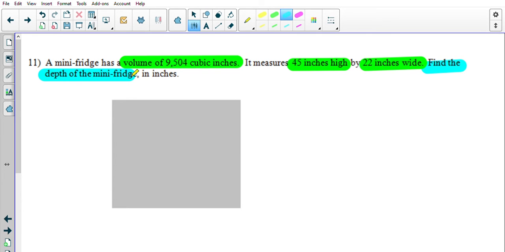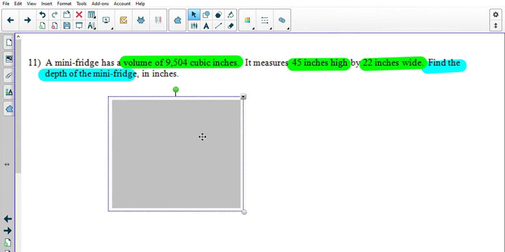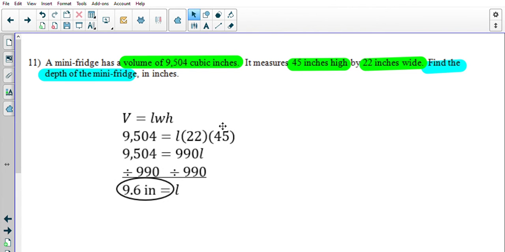Now, it's not telling us what kind of shape this is, although we can assume that it's probably going to be a rectangular prism, just because that's typically the shape of a fridge. In addition, we are given the height and the width, so we're typically talking about a rectangular prism in that case. We're going to use the same formula that we did for the previous two questions. Volume is 9,504, our width is 22, and our height is 45. So we'll replace W with 22 and H with 45.